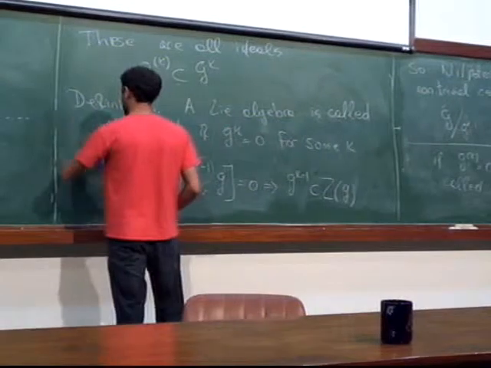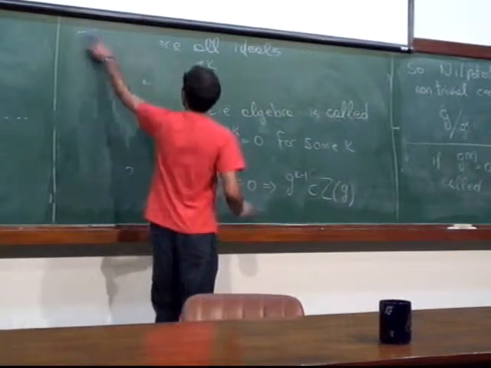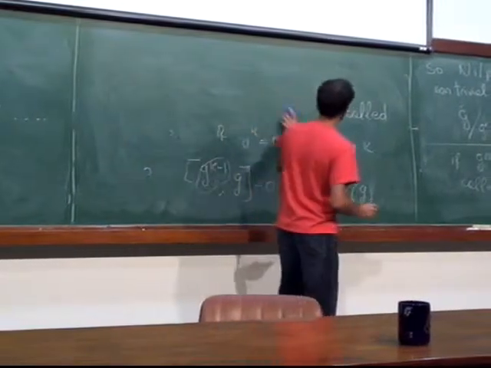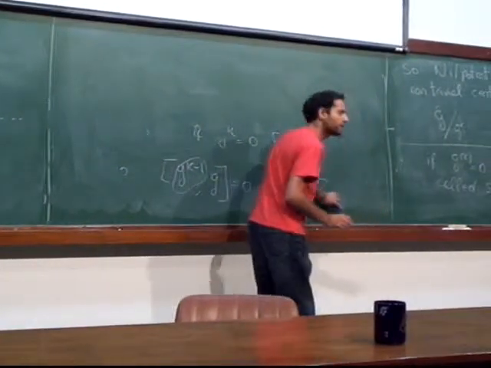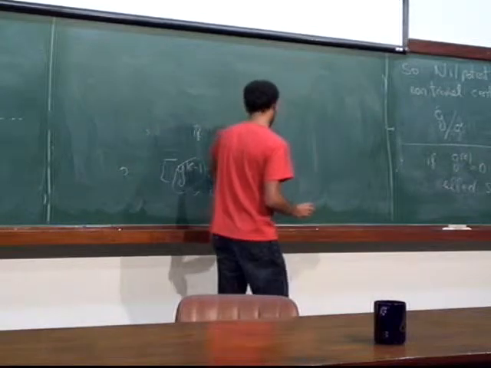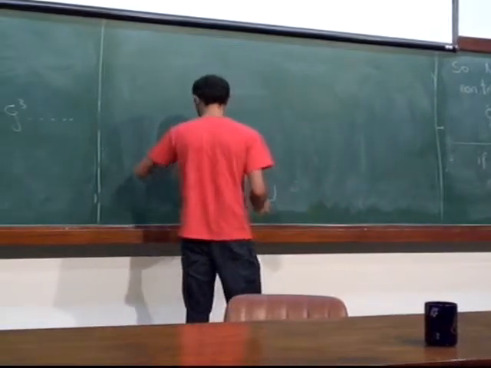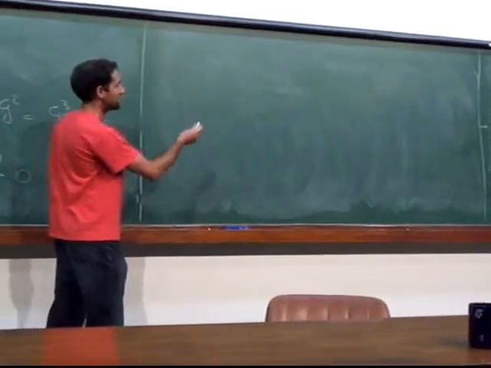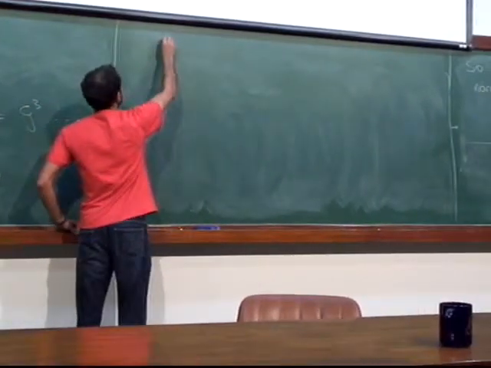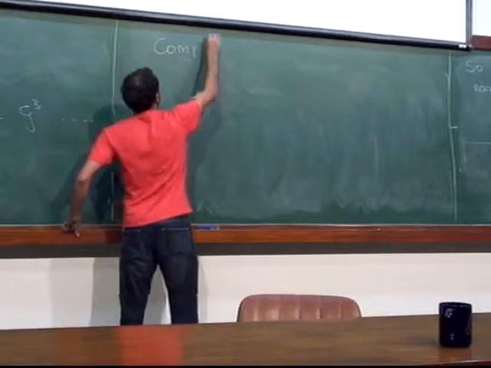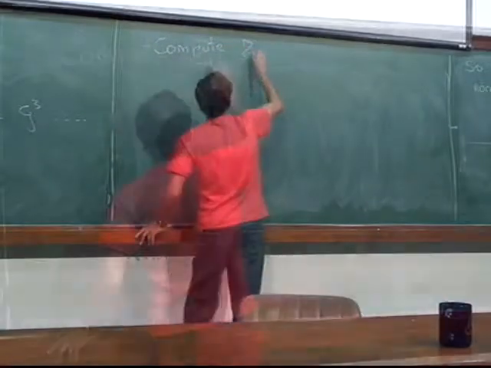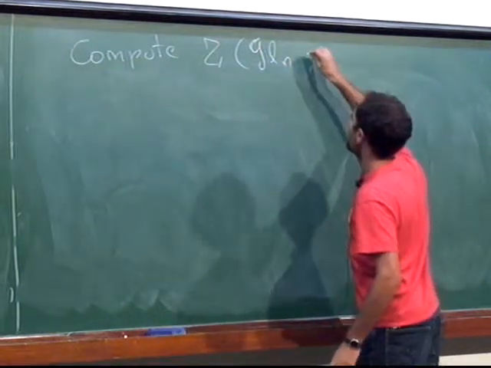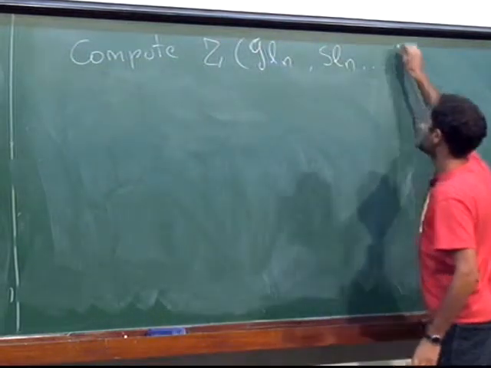Okay, so I don't remember if I asked you in the exercise to compute, but looking at Victor's notes, I see, and these are kids at MIT, so I wouldn't feel guilty if this happens, but there are some exercises that say compute the centers of GLn, SLn, and so forth.